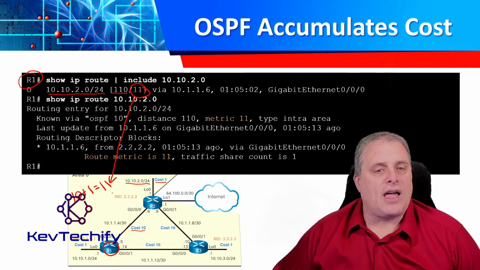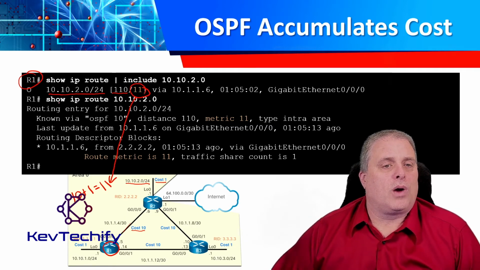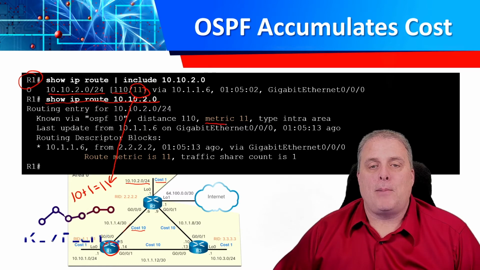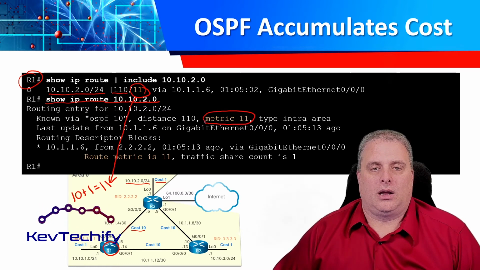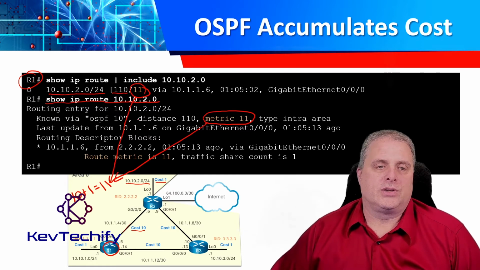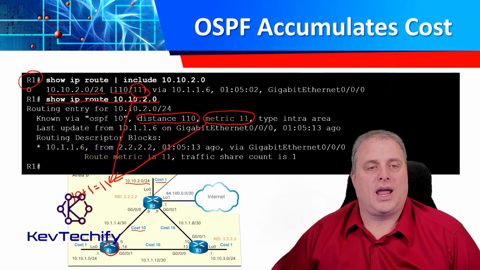That is that 11 right there. We can also do a show IP route for just the network itself. It'll give us some information. Right here is that metric again. Metric of 11, that's that cumulative cost. Also gives us our administrative distance. That's the 110 value for OSPF.